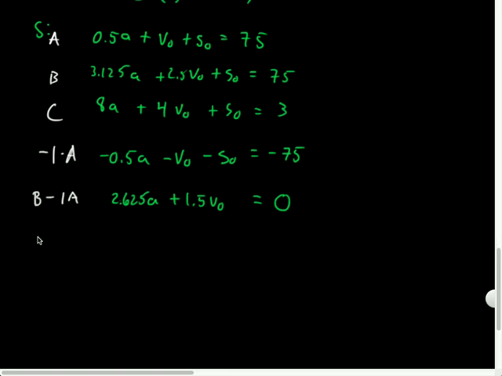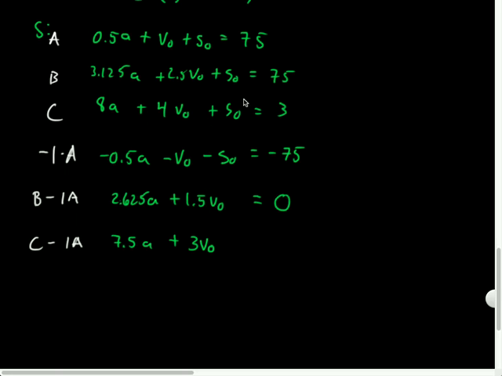So I'll have c minus 1a now. So I'll have 8a minus 0.5a, that's going to be 7.5 a's, plus 4 v naughts minus 1 v naught is 3 v naughts.